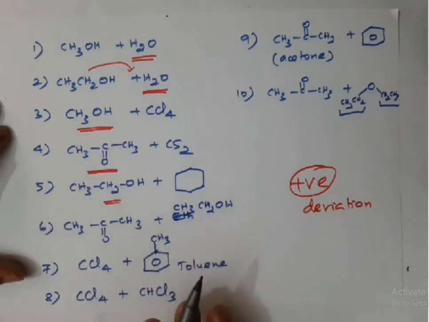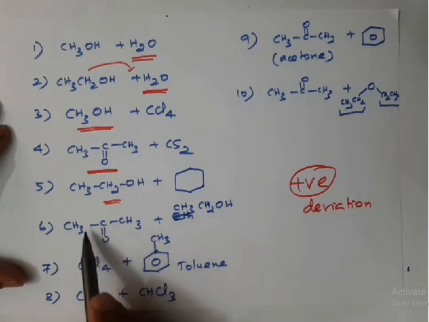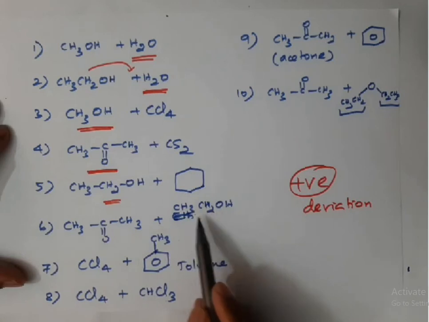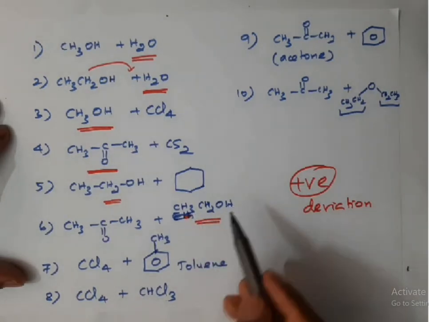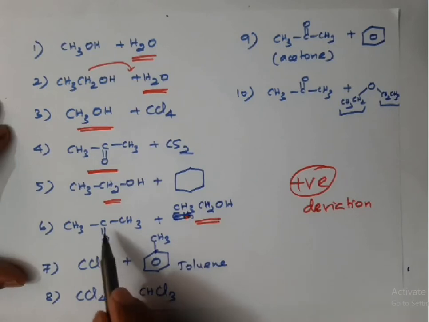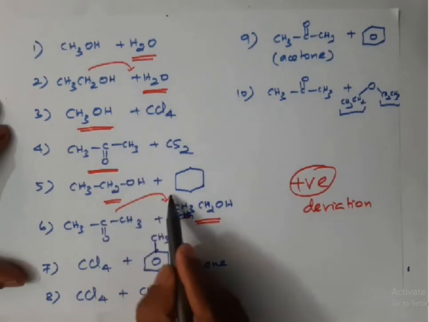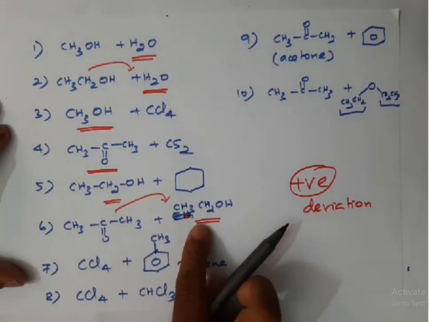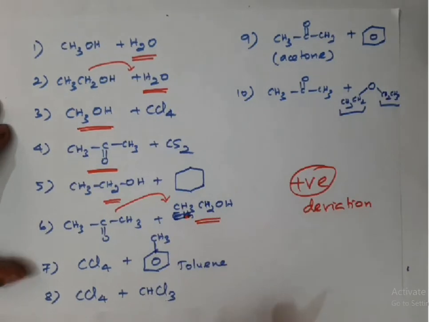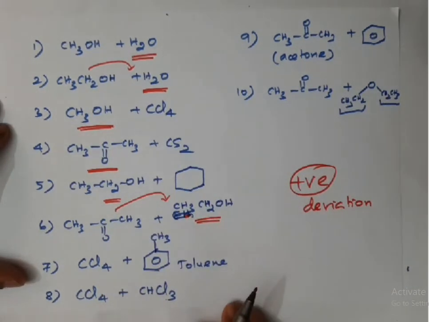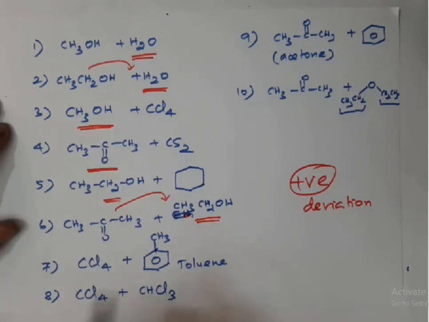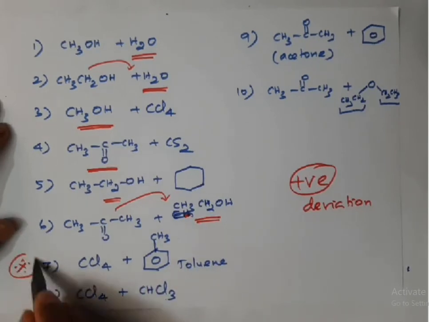Then here we have acetone and ethanol. In ethanol we have hydrogen bonding attraction, which is stronger. In acetone we have dipole-dipole attraction. But if you mix acetone in ethanol, the extent of hydrogen bonding attraction decreases. So force of attraction decreases. That's why it shows positive deviation. Carbon tetrachloride and toluene are special cases.